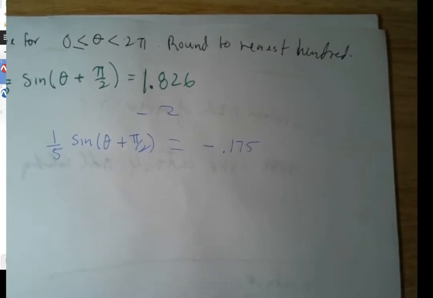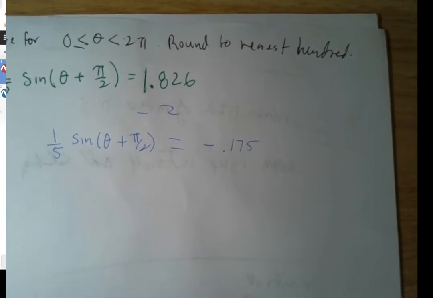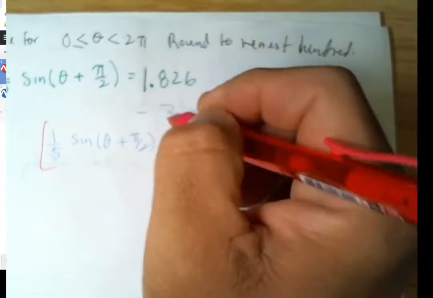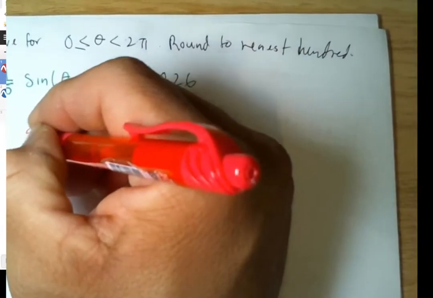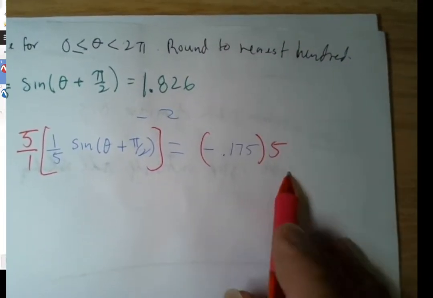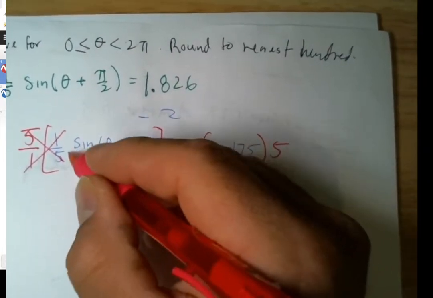So what we do is we multiply by the reciprocal. Whenever you have a fraction, and even when it's not a fraction, like if it was just 5, we would divide by 5, but that's equivalent to multiplying by 1/5. So always multiply by the reciprocal. In this case, 5 over 1, or just 5. So this reduces to 1. So we have a coefficient of 1.